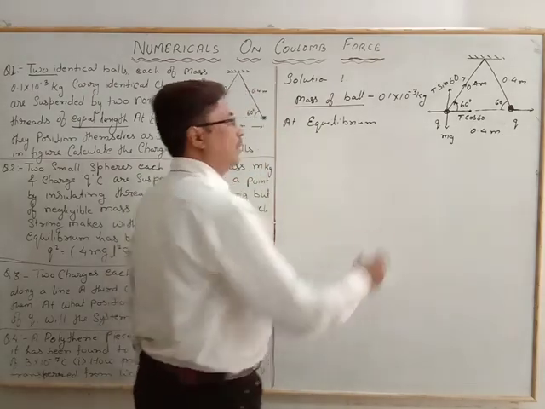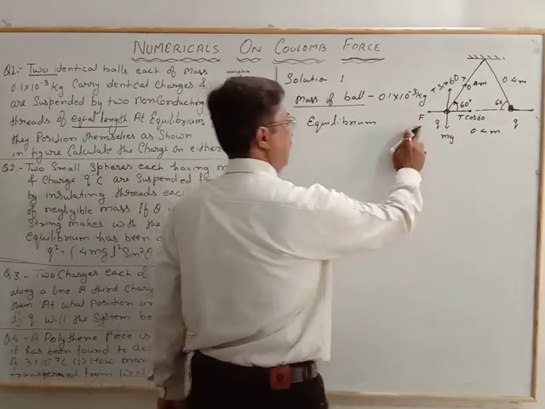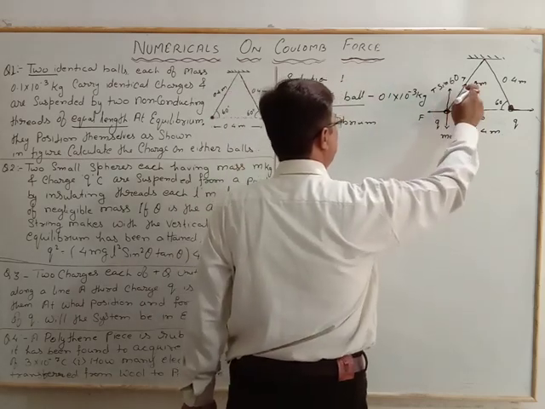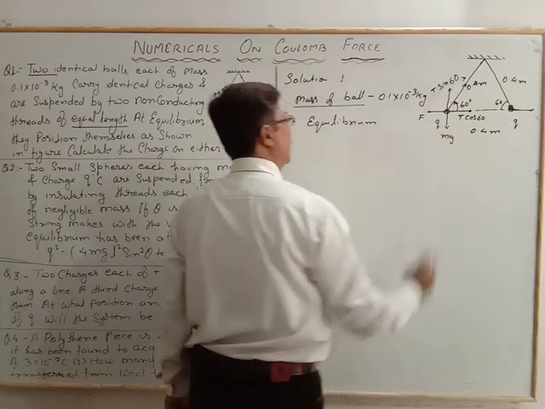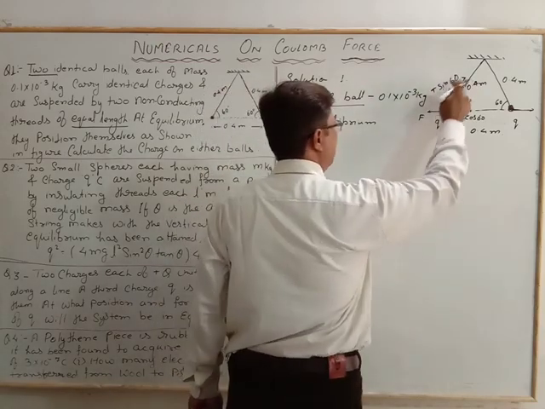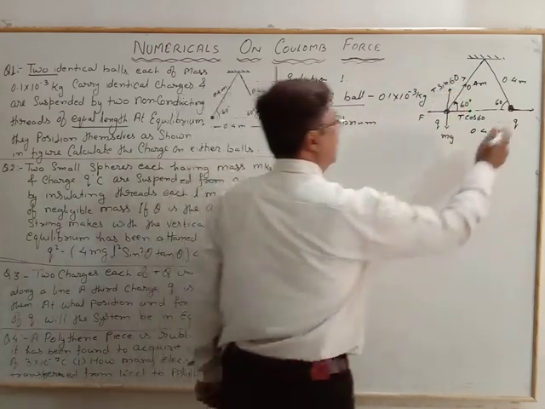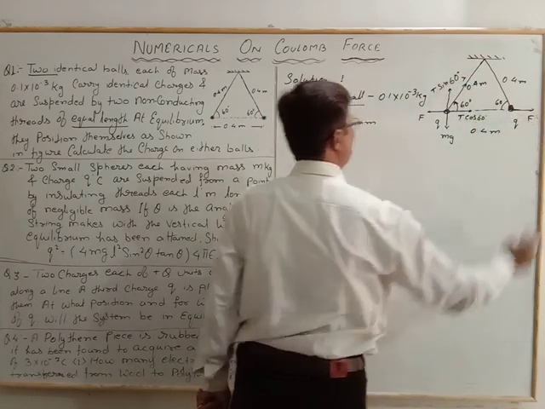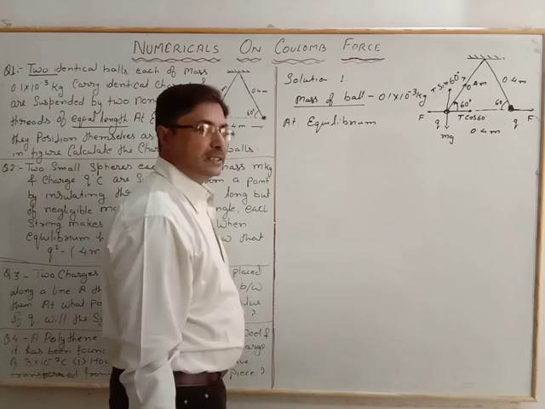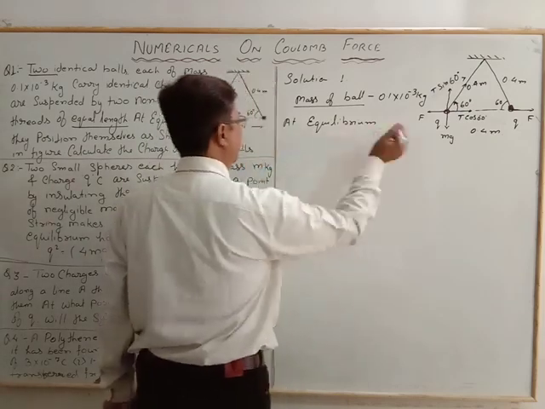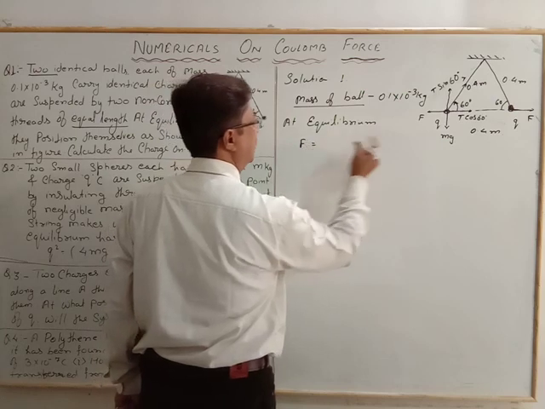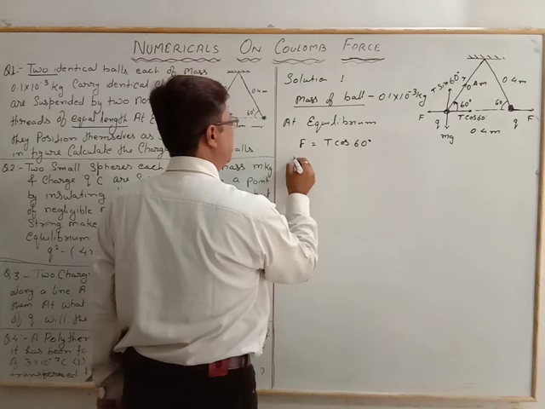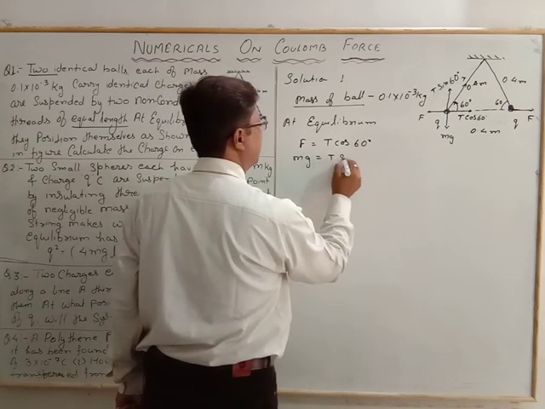The electrostatic force F is balanced by T cos 60, and the weight mg is balanced by the component T sin 60. This is also the force of repulsion between the two identical charges. At equilibrium, F = T cos 60 degrees, and mg = T sin 60 degrees.